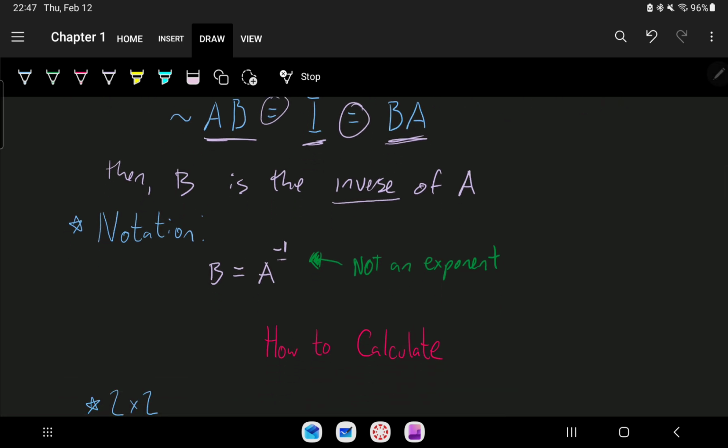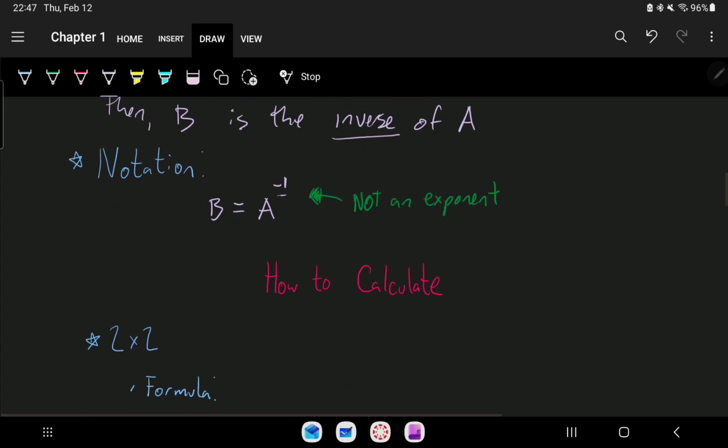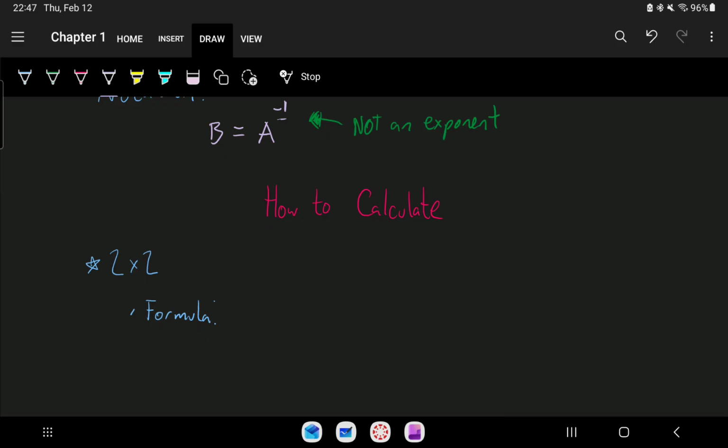So, now that we have our definitions under the belt, let's look at how to calculate this. We're going to start with 2x2 matrices, because this has a handy little formula.